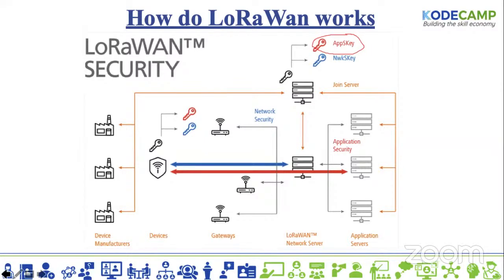Now the network session key, the one in blue, is used for interaction between the node and the network server. This key is used for the integrity of the message through the message integrity code. There's something called the MIC, that is the message integrity code.